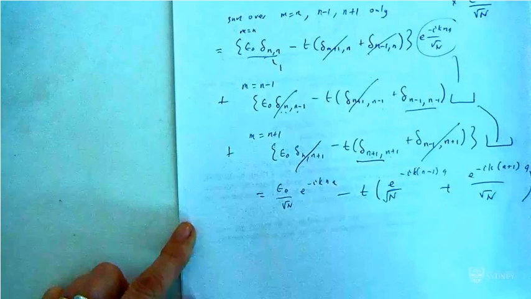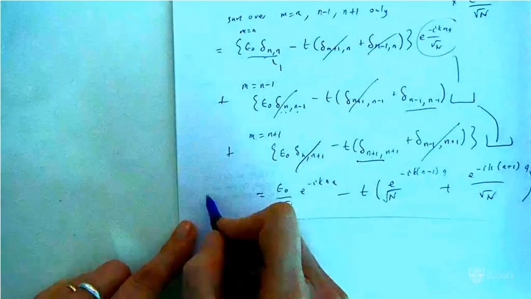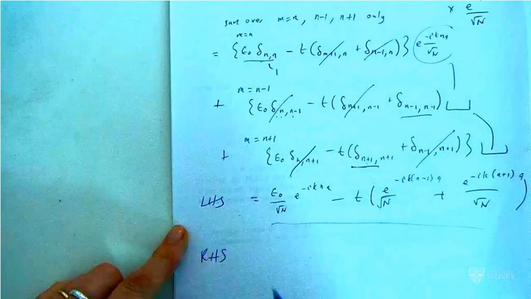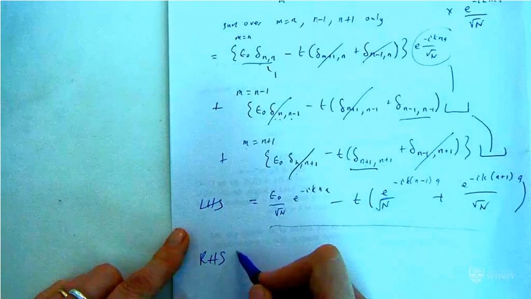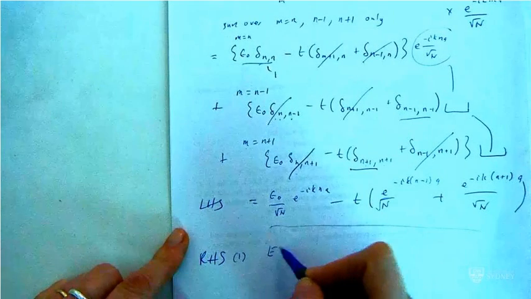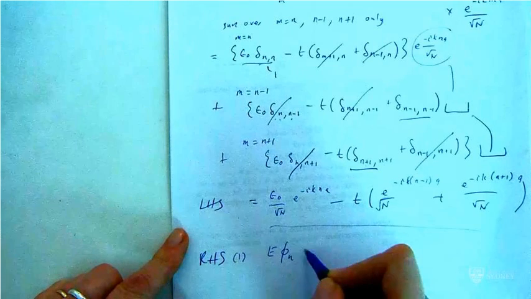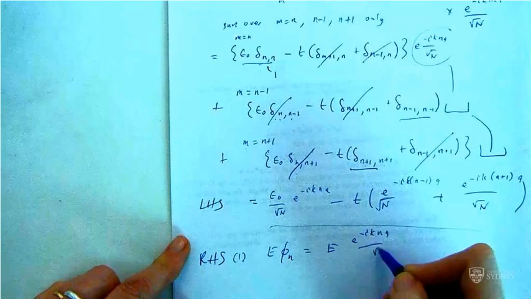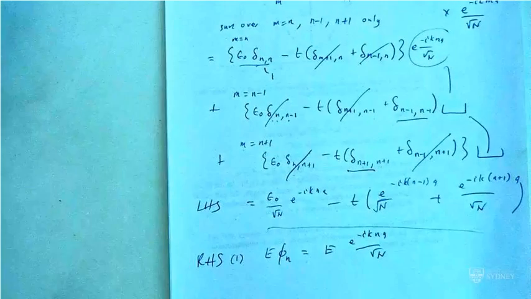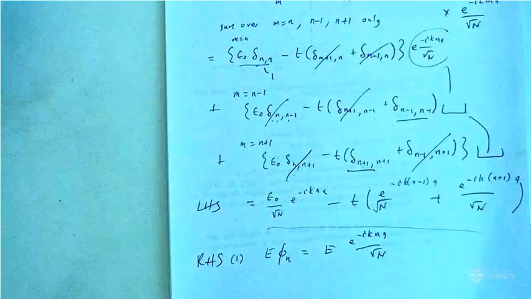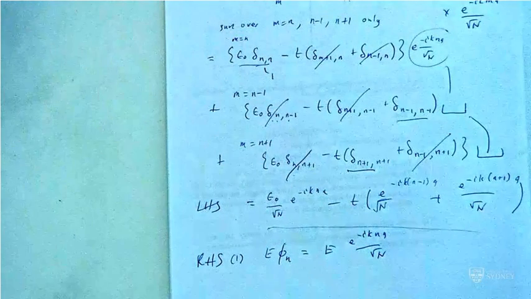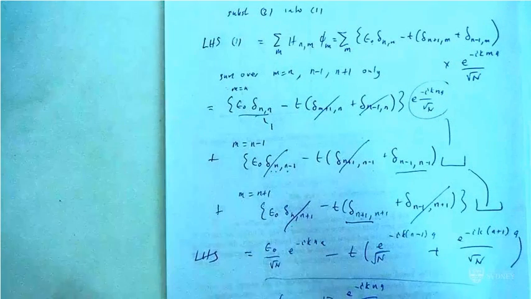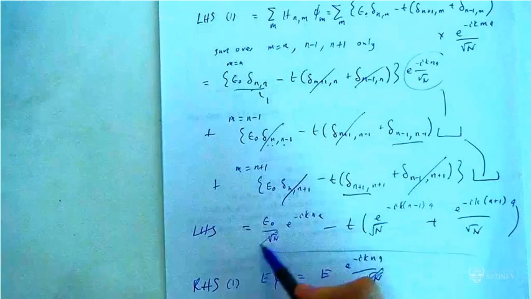Remember, that was the left-hand side, and the right-hand side of equation 1 was just the energy eigenvalue times psi of n, so e to the minus i k n a over square root of n. We're not quite finished yet. Obviously, we're going to equate those two expressions, and you can expect that these n's can disappear.